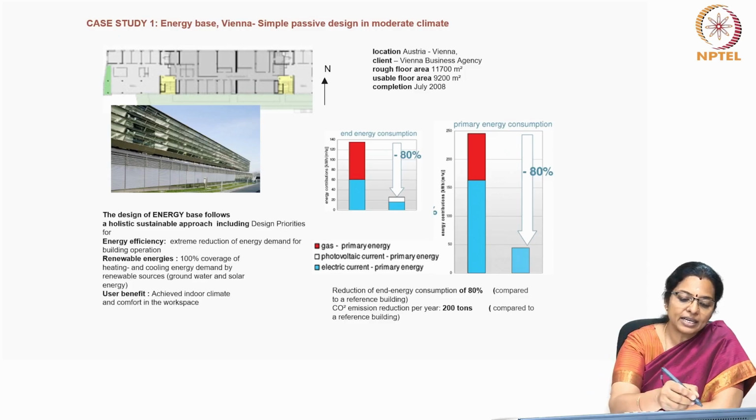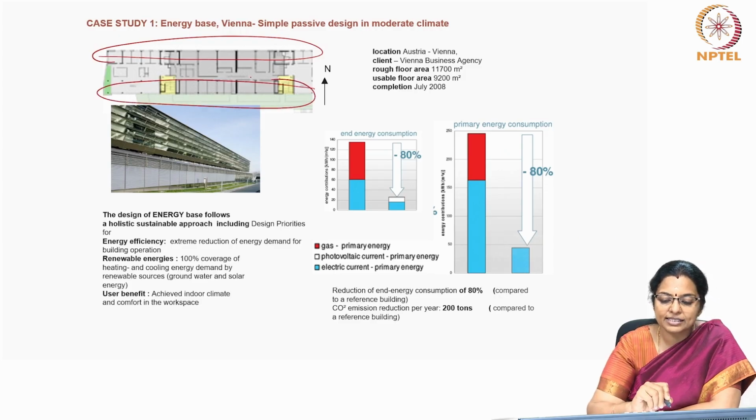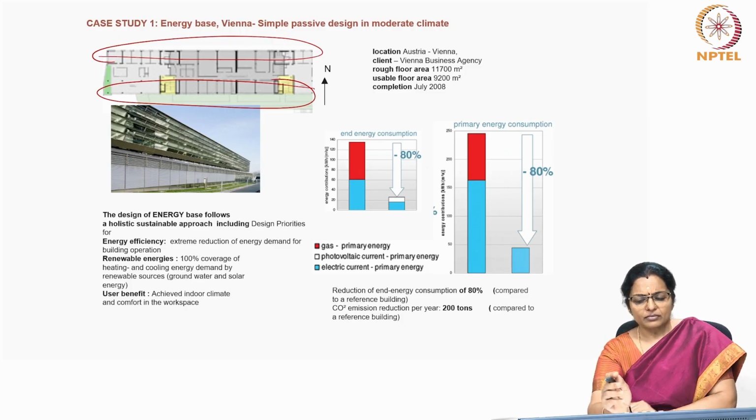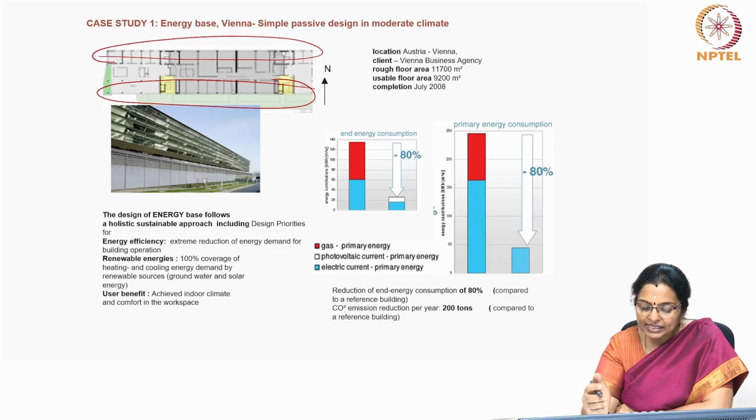Again, if you see this building, along the north and south it has longer surfaces. East and west are oriented along the shorter surfaces, and because of the orientation and other features like shading devices, use of glass, etc., you can see the end energy consumption as compared to the base case.